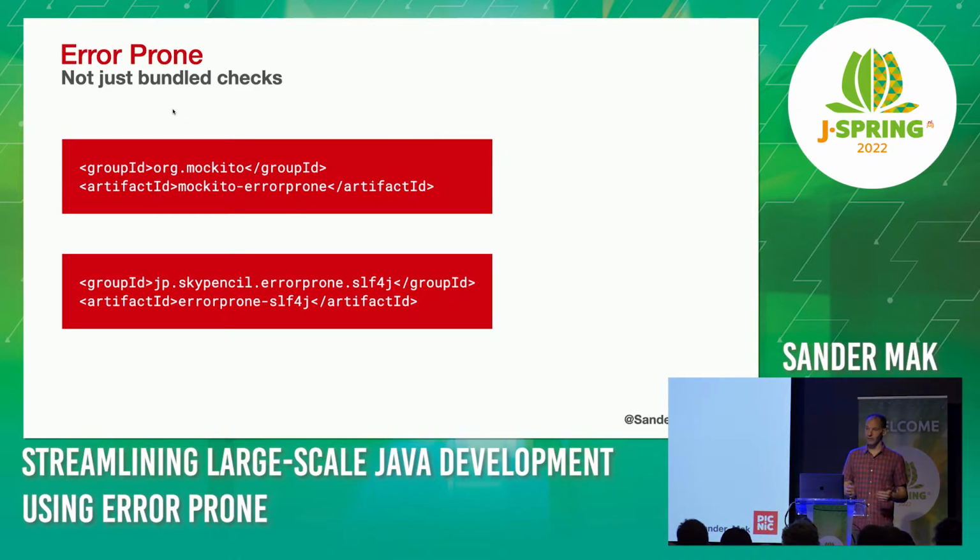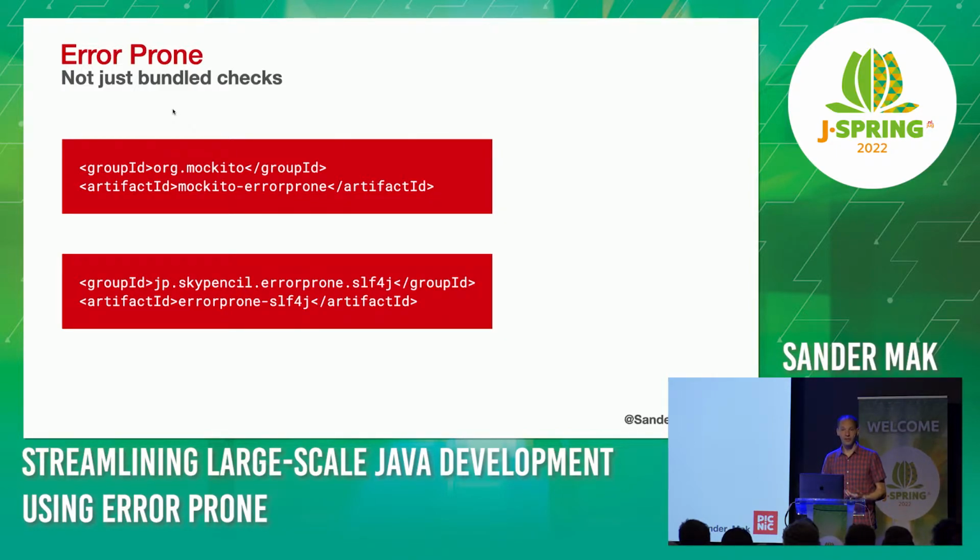Now, there's a lot of things that come for free when you use error-prone out of the box, as I've shown. And there are also some contributions that you can put on the annotation processor path that will give you additional checks. Mostly library-specific checks. So for example, the Mockito team also provides error-prone checks that you can put on the annotation processor path if you're using the Mockito library in your tests.